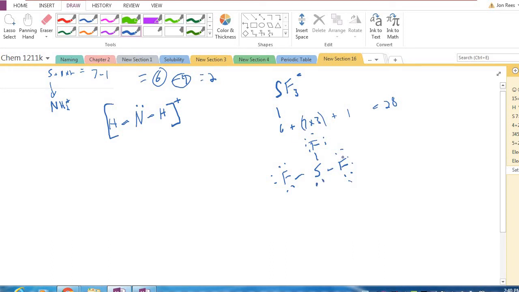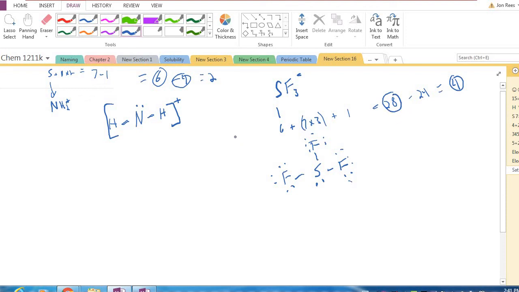Around each of the fluorines there are 8 valence electrons, so 8 times 3 is 24. So I've got to account for 4 more electrons somewhere. They had 2 more valence electrons right here, which would be a total of 26, but we know we have to have 28.